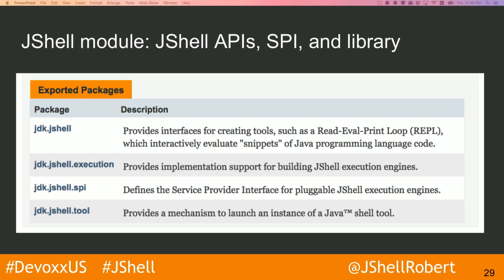The one above it is basically a library of components for execution engines. And finally, the bottom, jdk.jshell.tool, is for launching the JShell tool. And the command line launch goes through that API too.